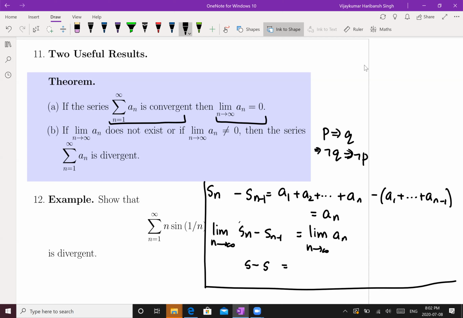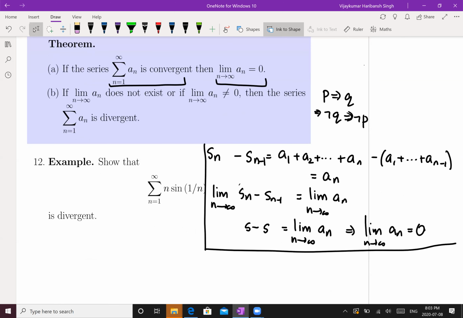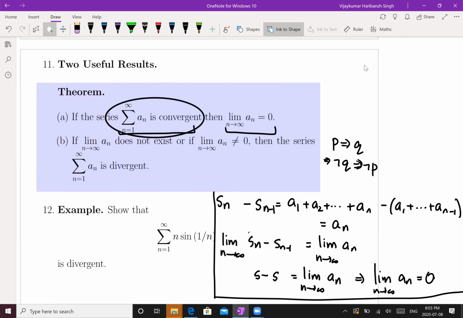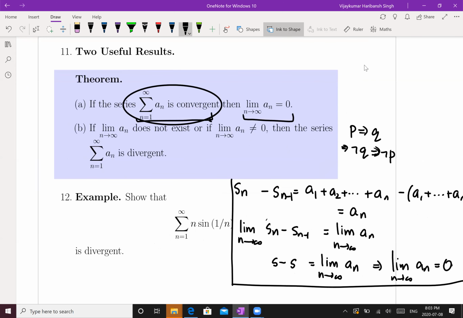So s minus s equals limit as n goes to infinity of an, which implies limit as n goes to infinity of an is 0. So you have shown that if Sn converges, or if the series converges, then the nth term must go to 0.